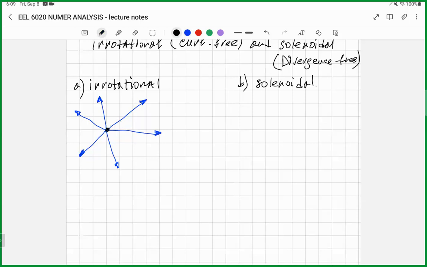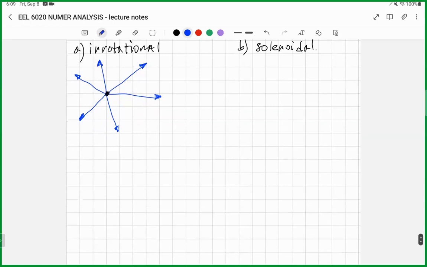So this field is obviously irrotational. No rotations, no vortices, no curl in this field. Another example of such a field would be something like this, right? So again, no rotation. So field A.